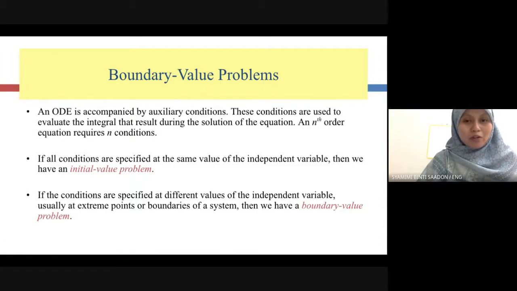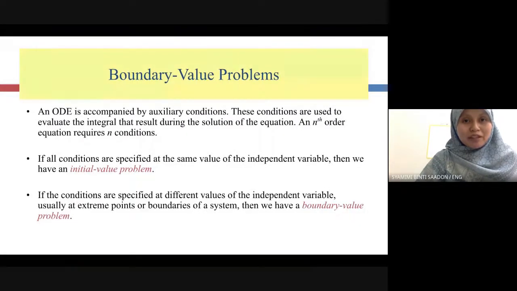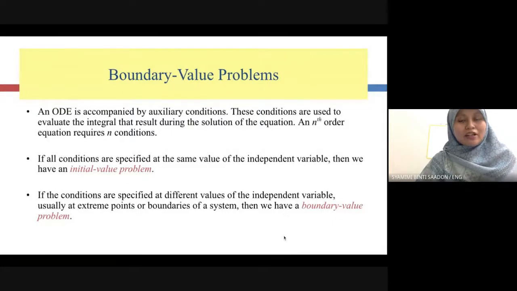So, boundary value problem. ODE, remember, is ordinary differential equation. Like a normal, general differential equation with dy/dx or dy/dt, etc. These conditions are used to evaluate the integrals that result during the solution of the equation.